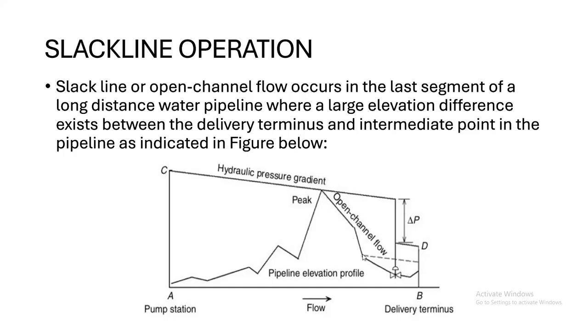So from this point up to here, we have an open channel flow where your hydraulic grade line follows the surface of your water, as I showed you initially. Here it corrects itself, then it becomes a tight line flow, or the pipe becomes full again due to back pressure, because by this change of elevation your hydraulic grade line will be above your pipe profile.